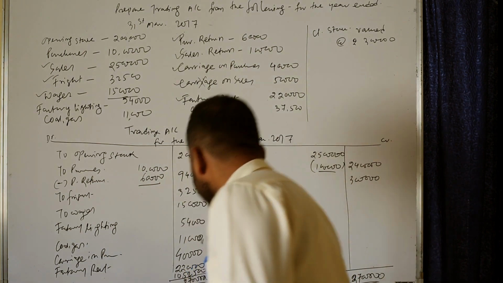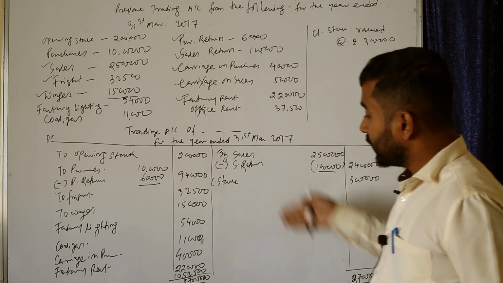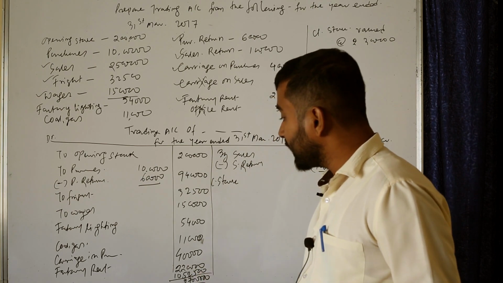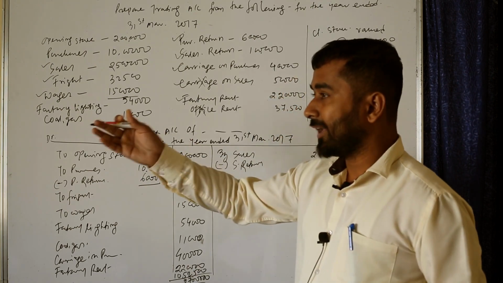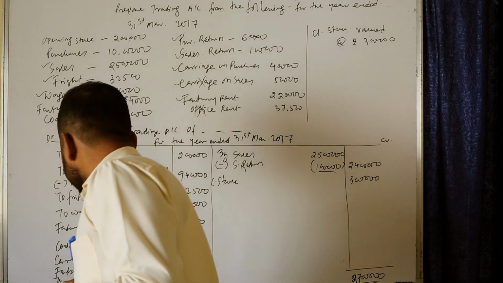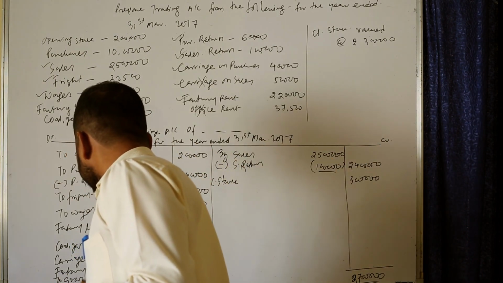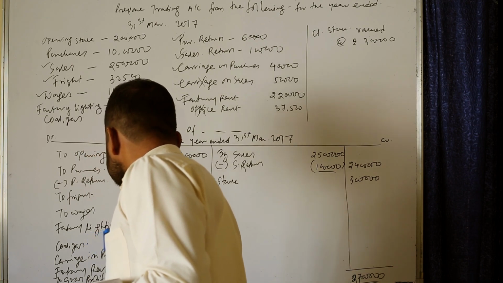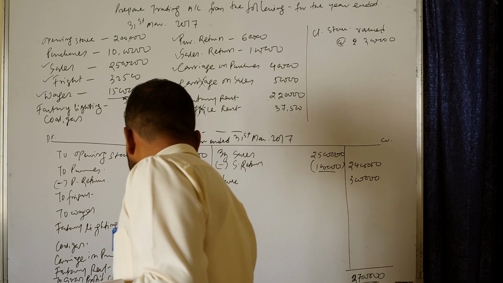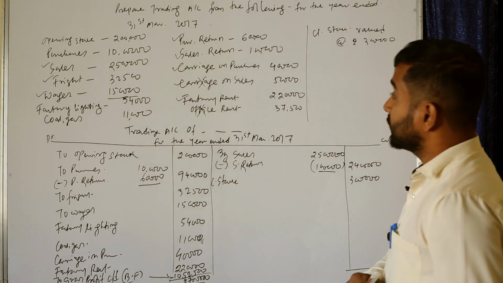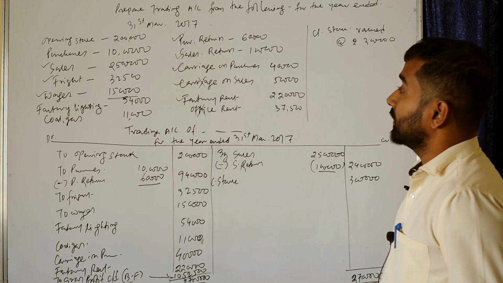Now see, the income side is more, the expenses side is less. So how much less? 10,52,500. Income more, expenses less, so definitely profit. Which profit is this? To gross profit. Gross profit carried down, the balancing figure, 10,52,500. I hope you understood how I have considered all the things.